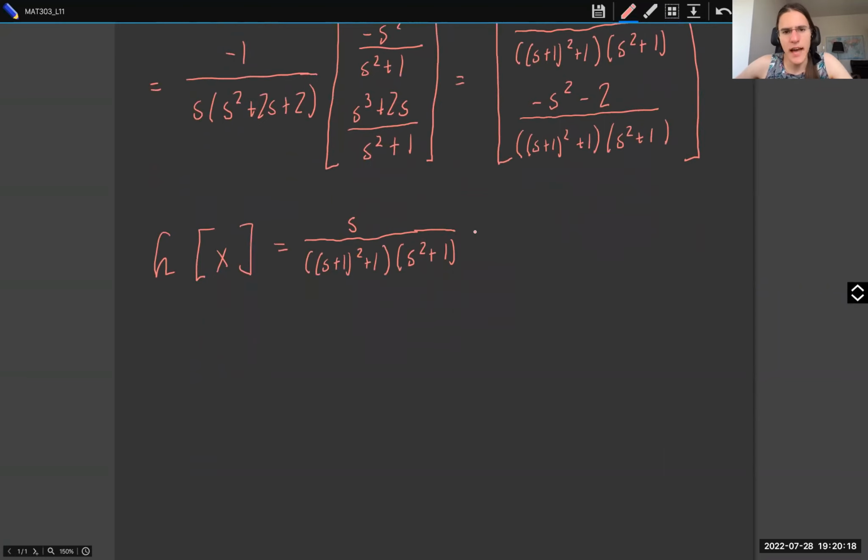So we can write that as A times S plus 1 plus B over S plus 1 squared plus 1, and then C S plus D over S squared plus 1.